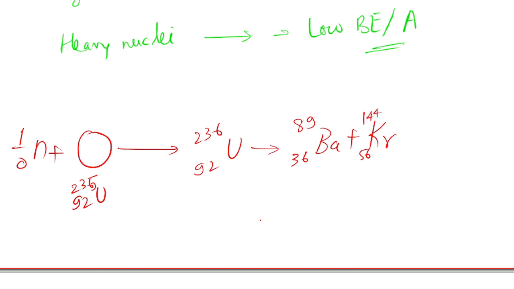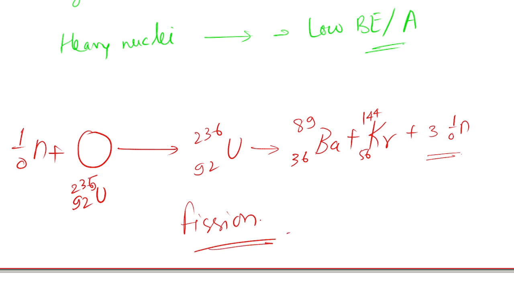Now this reaction is not complete yet. So what happens? There are three neutrons which came out from the nucleus. They are also added in this reaction. Now this reaction is complete, and this is the reaction of nuclear fission.